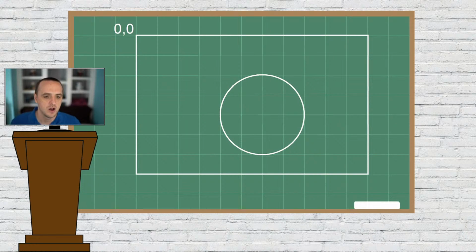What you need to do with the text is center the text exactly in the middle of the shape. Let's say that we have some text, and I'm going to type the text down here. This is going to be the name of the shape.